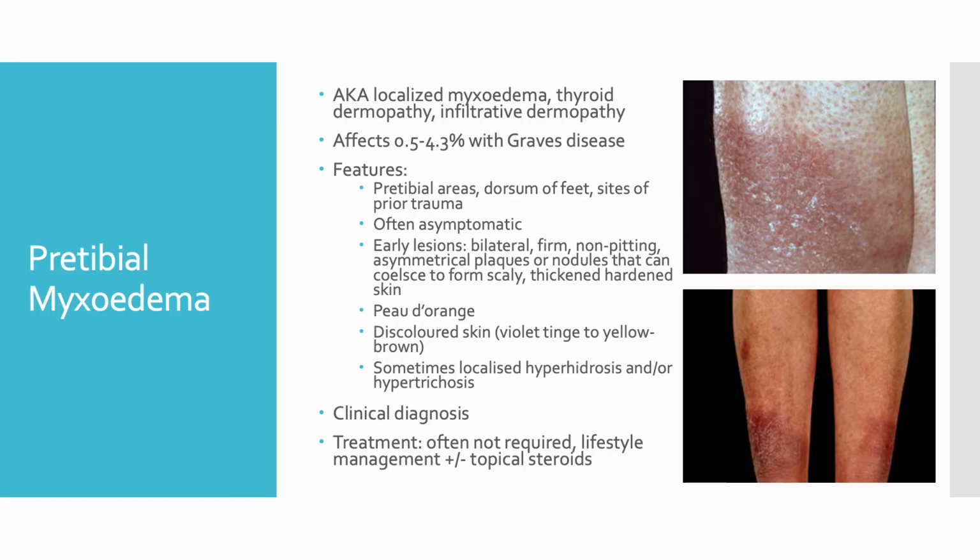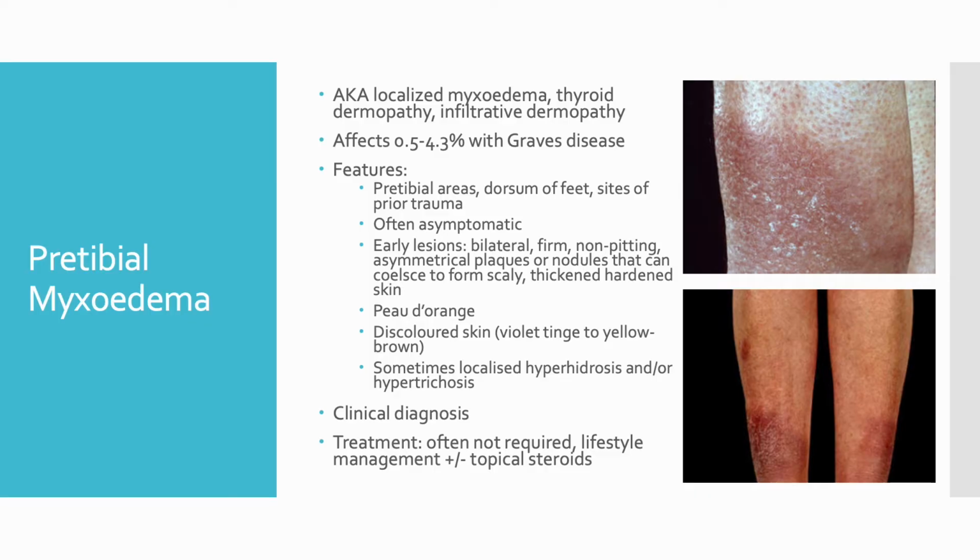It occurs in anywhere between 1 and 4% of patients with Graves' disease. It's often asymptomatic, as previously stated, often bilateral, firm, non-pitting, edematous features. The skin becomes eventually thickened and hardened and will have a peau d'orange appearance.